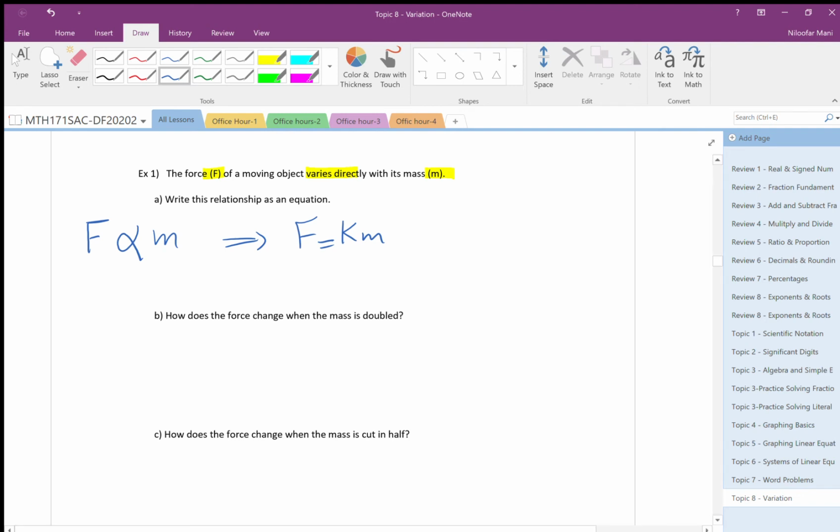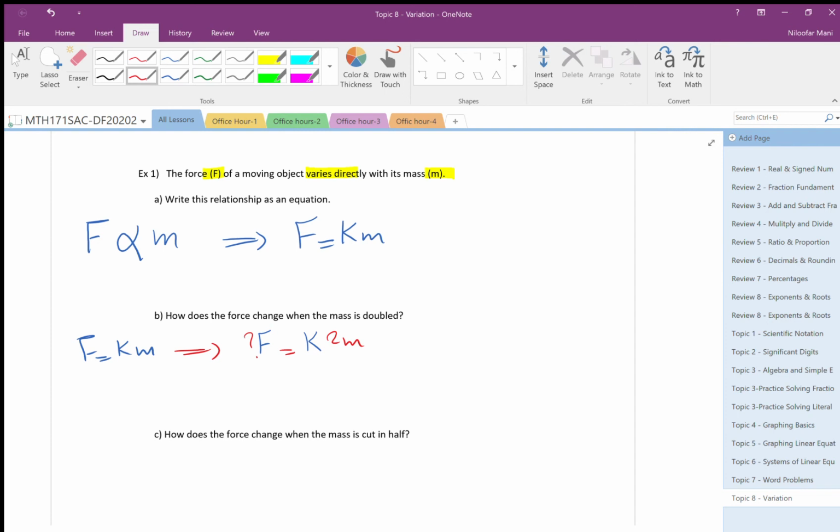Okay, so how does the force change when mass is doubled? F is Km. Remember, the equation is just F is Km.